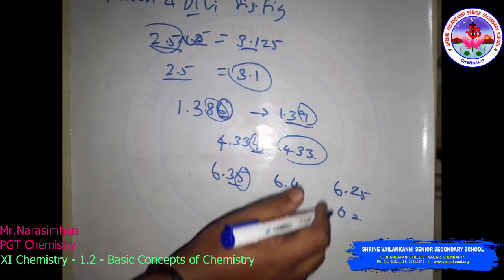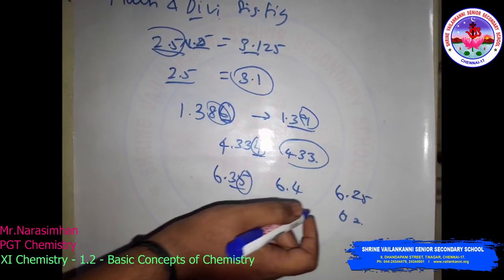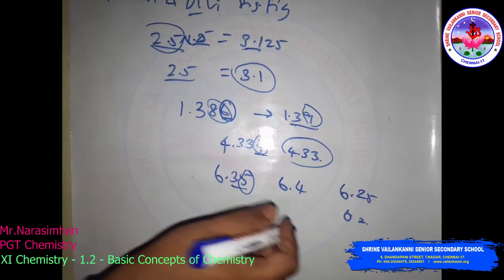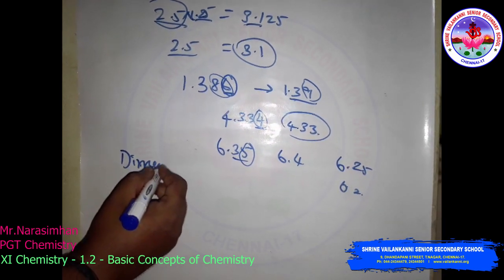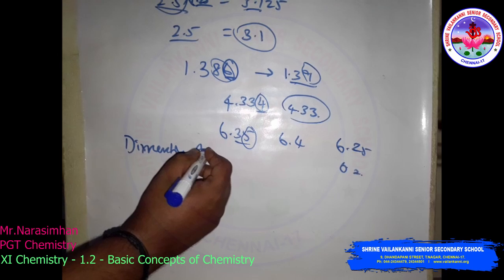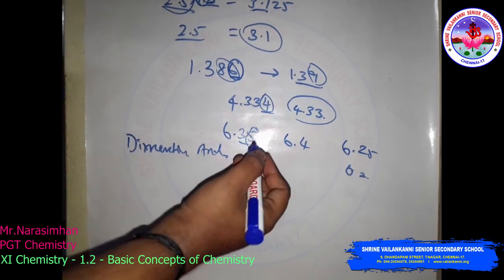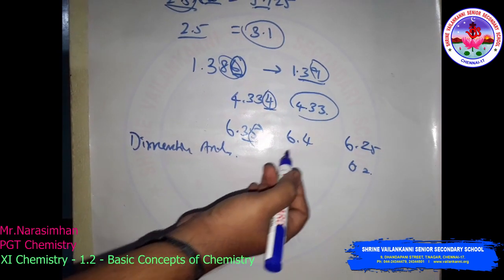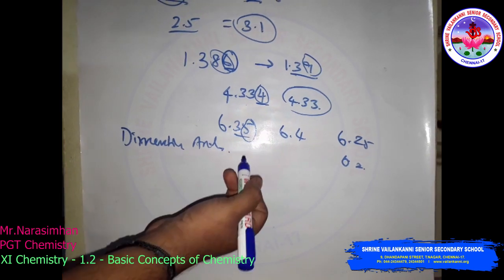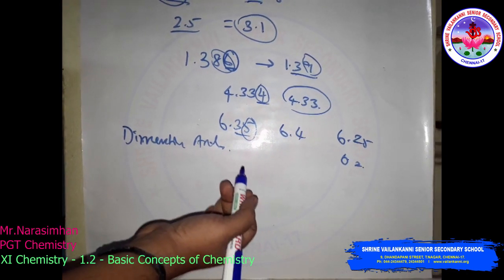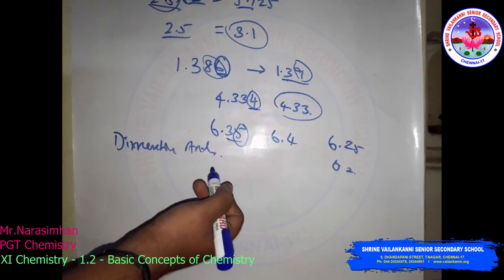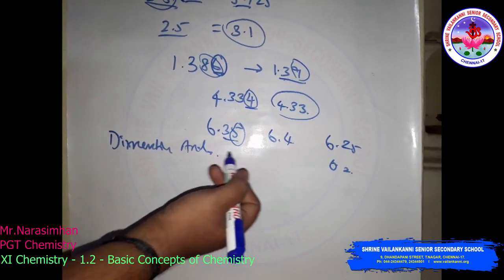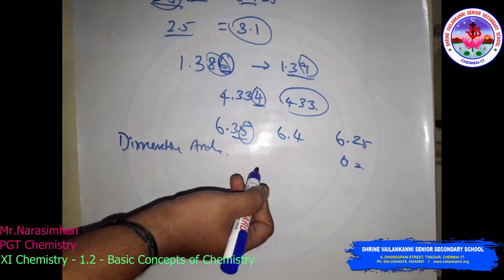Okay, students. Then the dimension analysis, the third one. In calculations, there is a need to convert units from one system to another. The method that uses a factor is called the unit factor method, or dimension analysis method, or factor label method.